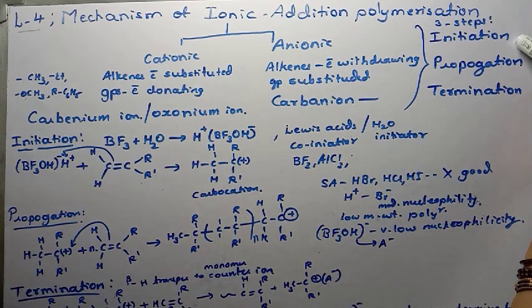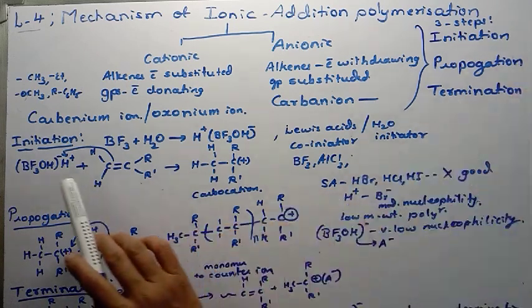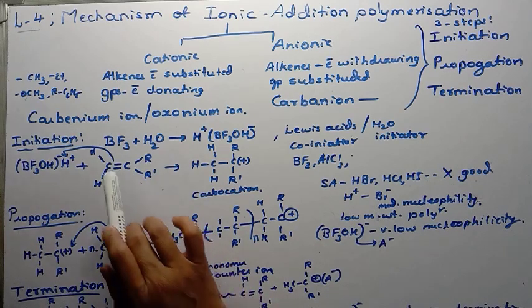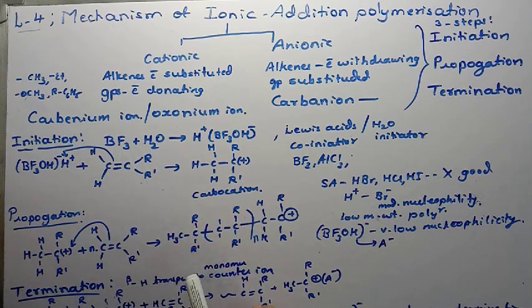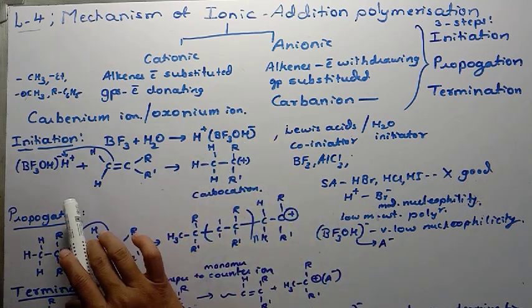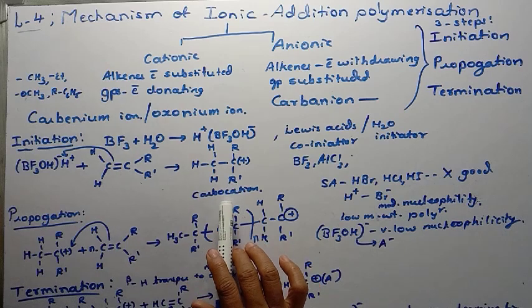The first step is the initiation step, the second is the propagation step, and the third is the termination step. In the initiation step, the first is the preparation of the initiator, then the preparation of the active species.